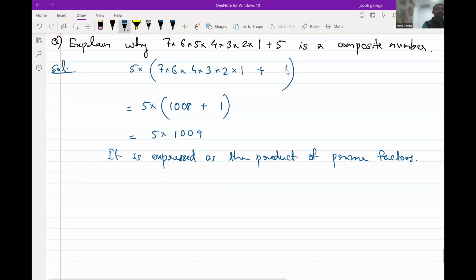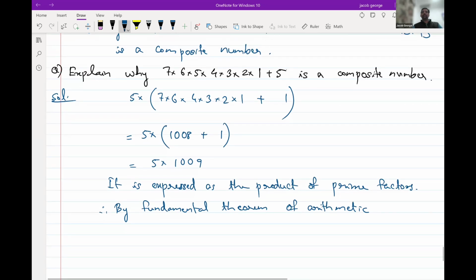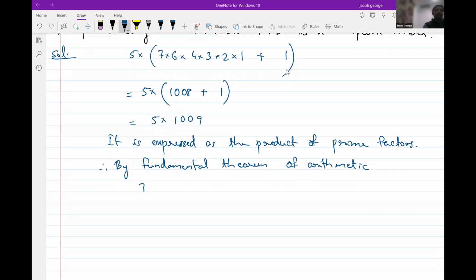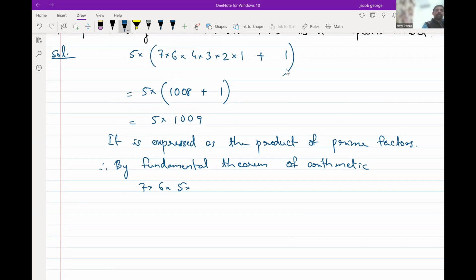Therefore, by fundamental theorem of arithmetic, what do you write? 7 into 6 into 5 into 4 into 3 into 2 into 1 plus 1 is what type of number? A composite number.